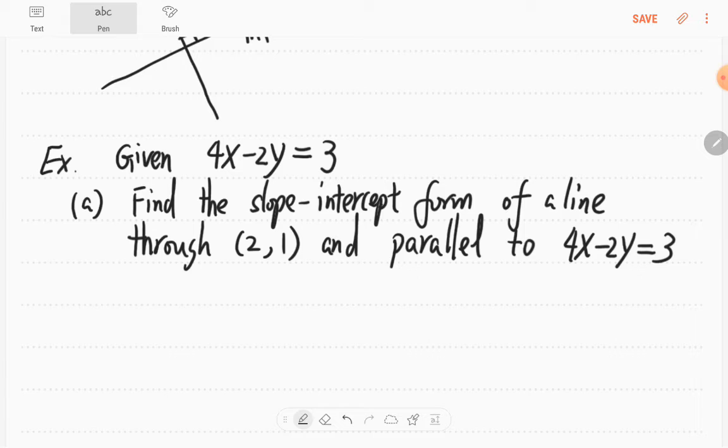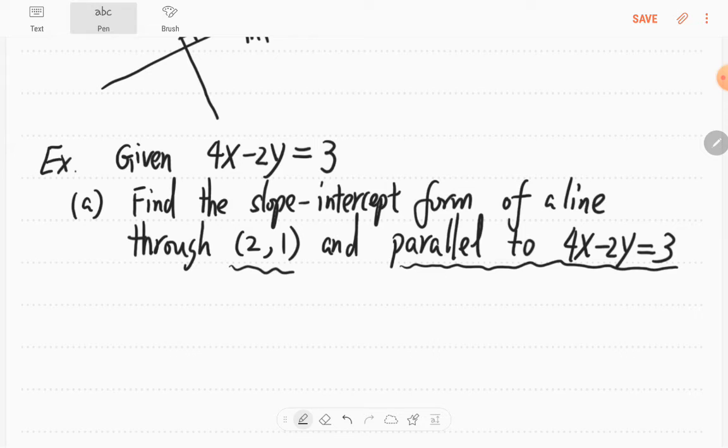So when we start to calculate a line, the two things we should know, right? We always start from the point-slope form. So we need to know a point and the slope. Now we have the point (2, 1). And for the slope we are using the condition parallel to this line.